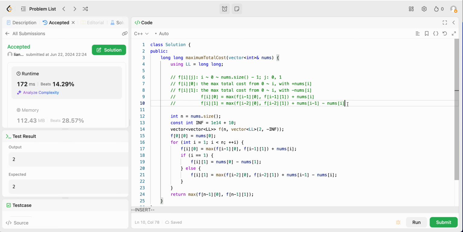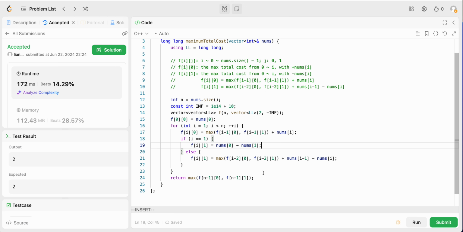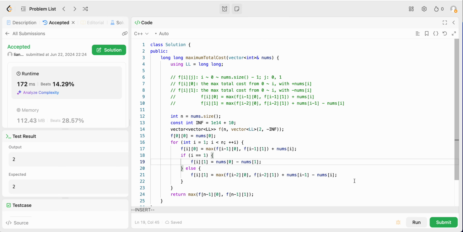Then we have this state conversion function. Then we need to pay more attention to this boundary condition. And yeah, that's it. Thanks for watching and see you next time.